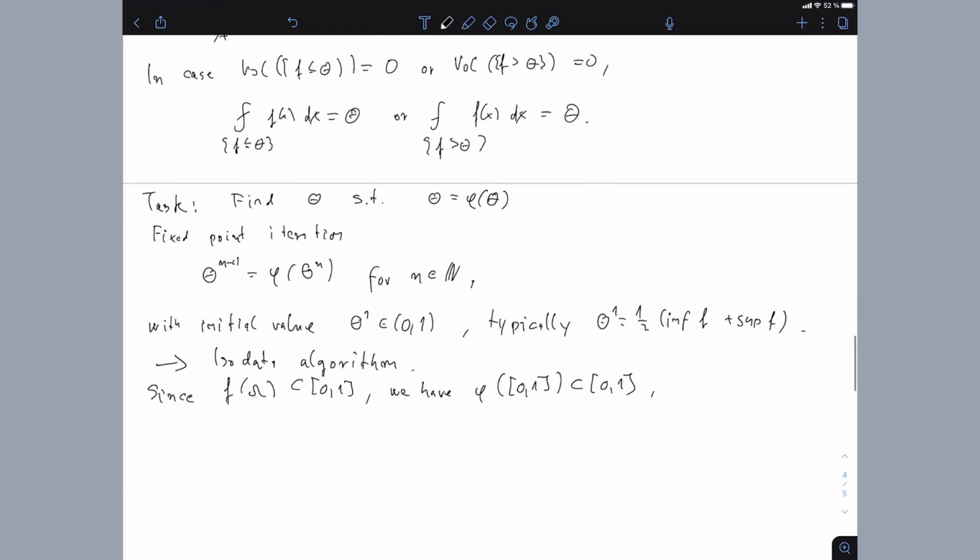And now for the monotonicity, let's take two thresholds, theta 1 and theta 2, and see what phi does to them. So I start with theta 2, and I write phi a here instead of phi, because I'm only looking at the left half of phi.